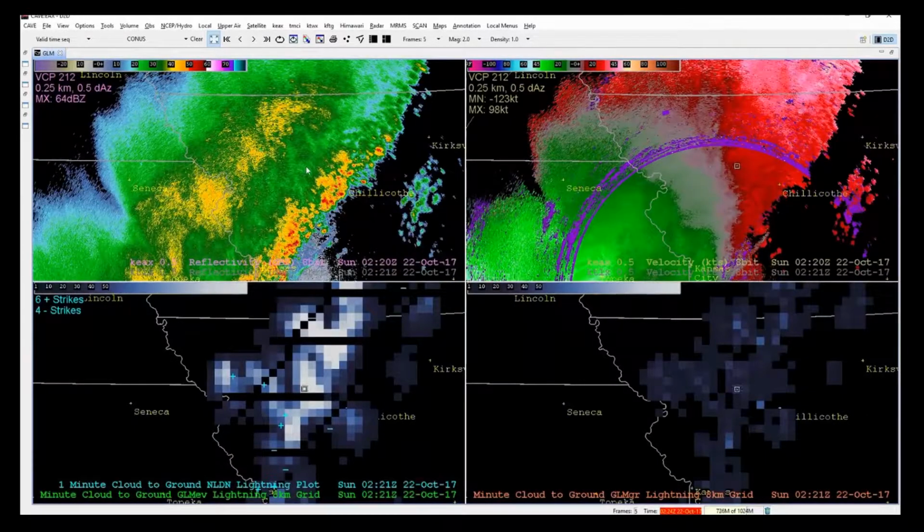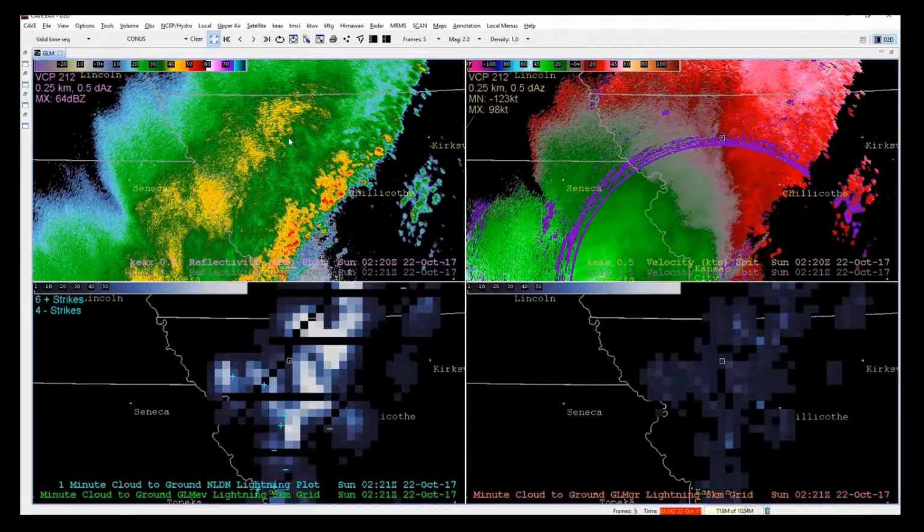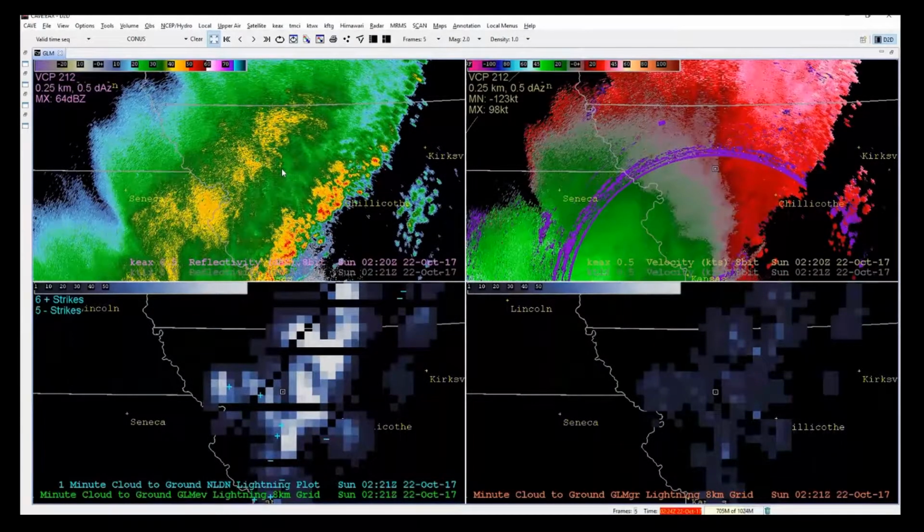And when you step forward another scan, you see the corresponding response in the NLDN data. Again, a lot of positive flashes in all of this. Now, why is there a difference in time? That's a fairly minor file difference, in how they define what piece of the file is occurring from which time to which time.